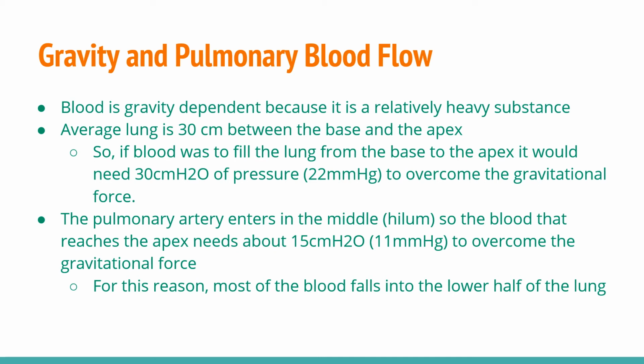So I've got two different kinds of notes here. The pulmonary artery enters at about the middle, or the hilum, okay? So most of the blood falls to the lower half of the lung, and then you have to have that 15 centimeters of water pressure in the pulmonary artery to push that blood up to the apex. So the vessels at the base have increased pressure because you have more blood down there, so things are being compressed more, and you have to have increased pressure to get the blood back up.